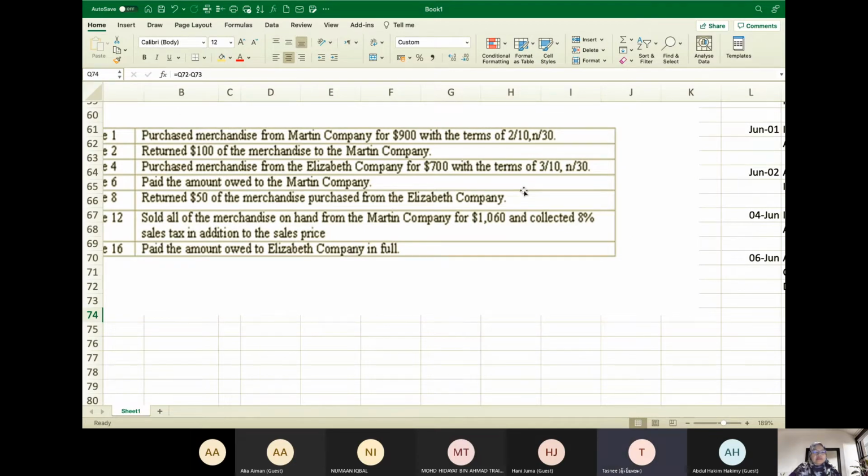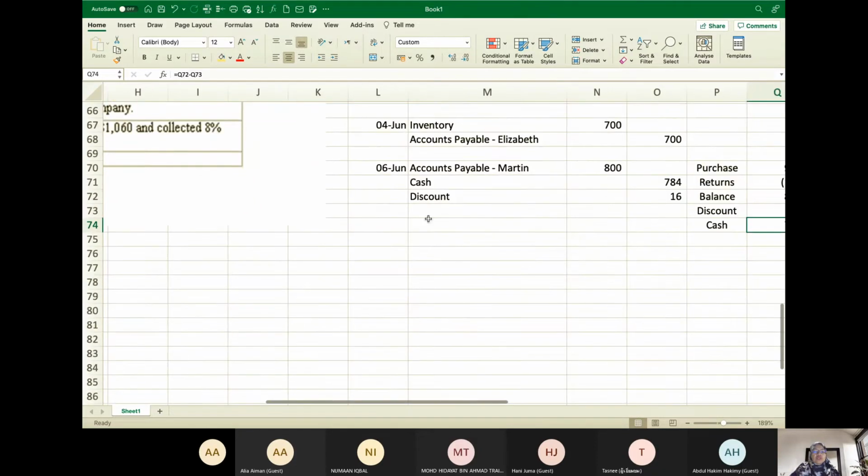Debit your accounts payable 50, credit your inventory 50. Why? Because now your amount payable is reduced by 50 because you returned the goods, and you also credit your inventory because the goods are now returned, so your inventory also reduces.